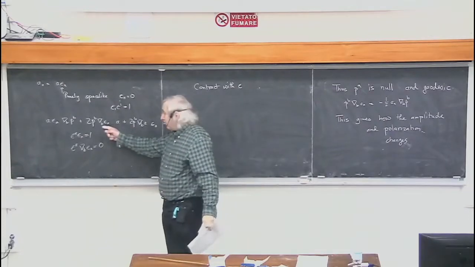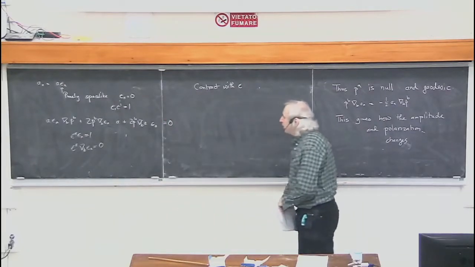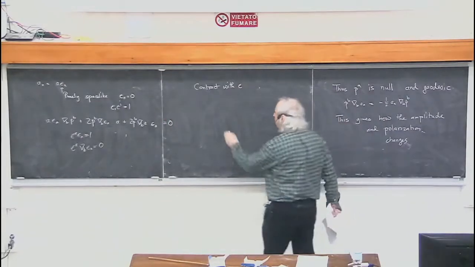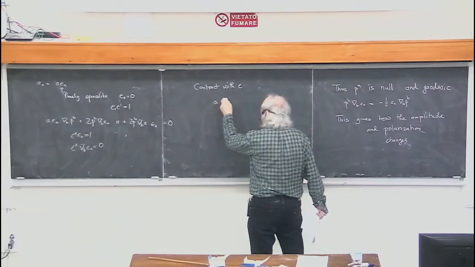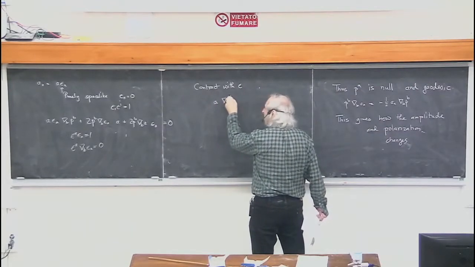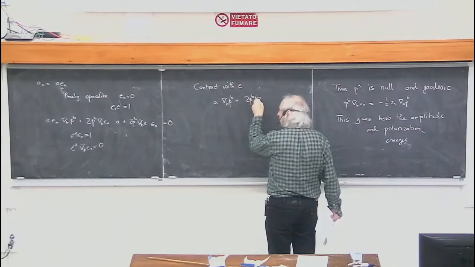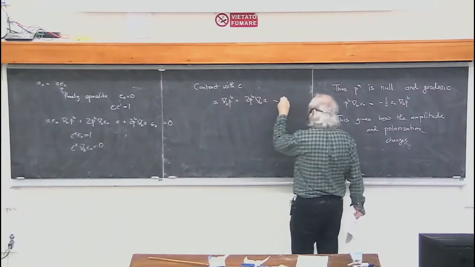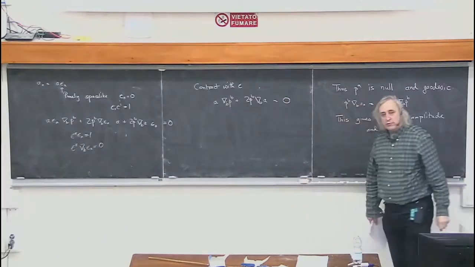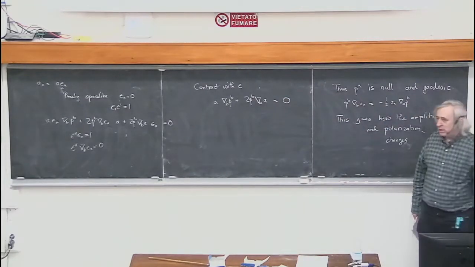this term will disappear on you. The ε will cancel out and you will get A ∇_B P^B plus 2 P^B ∇_B of A equals 0. So this equation tells you how the amplitude of the wave will change.